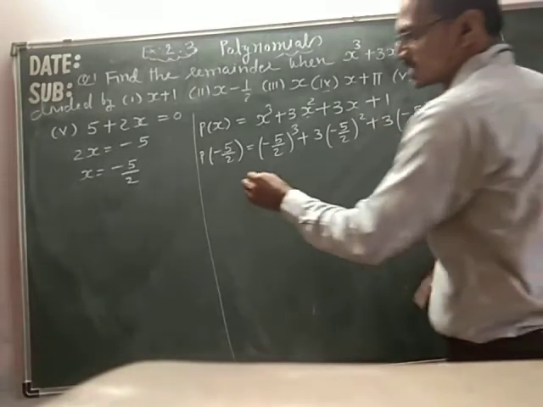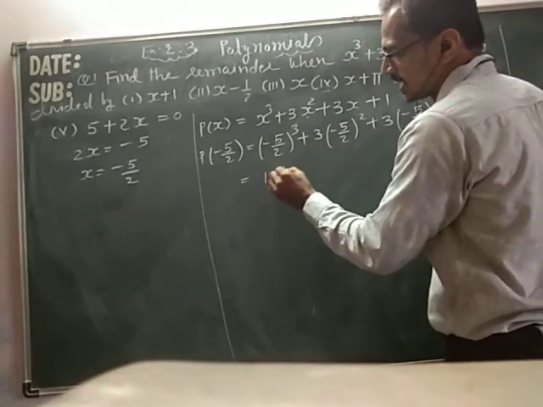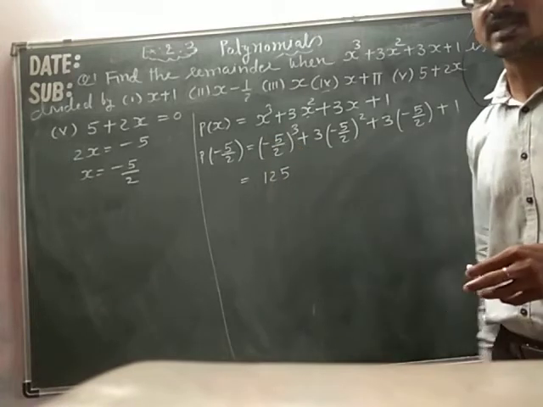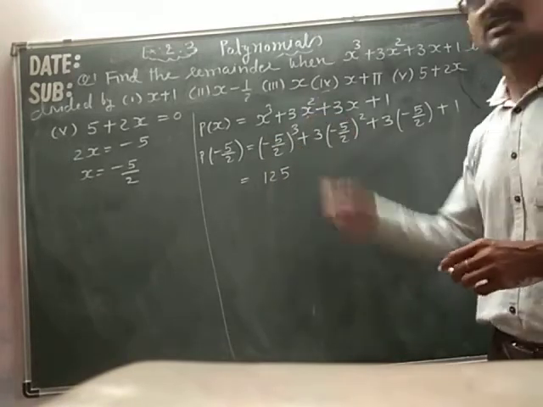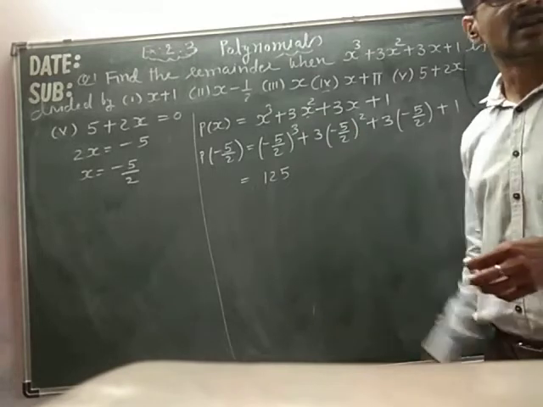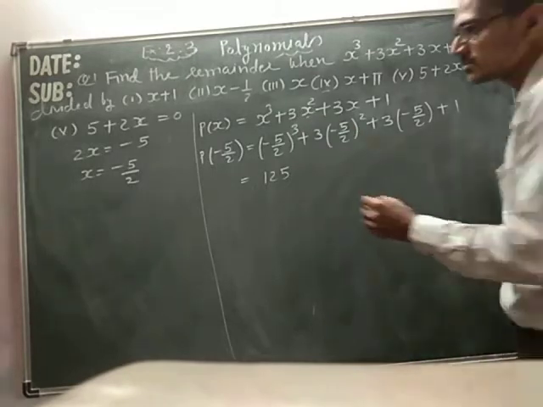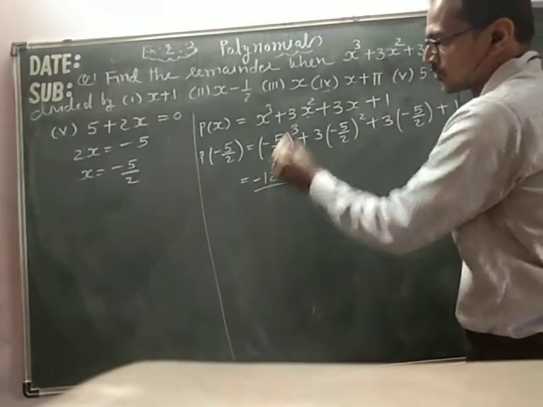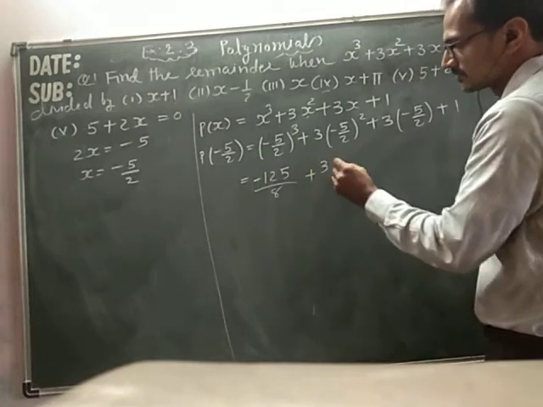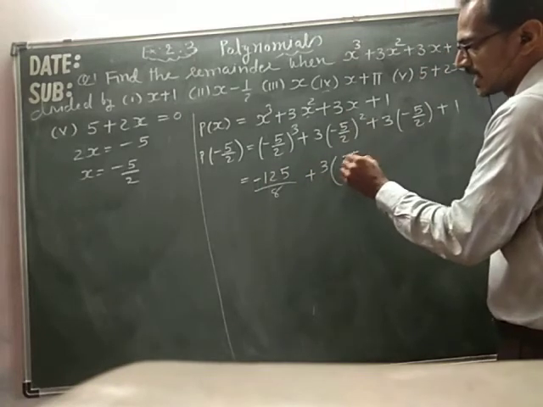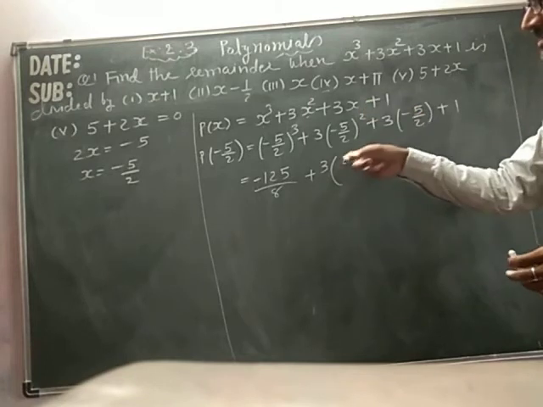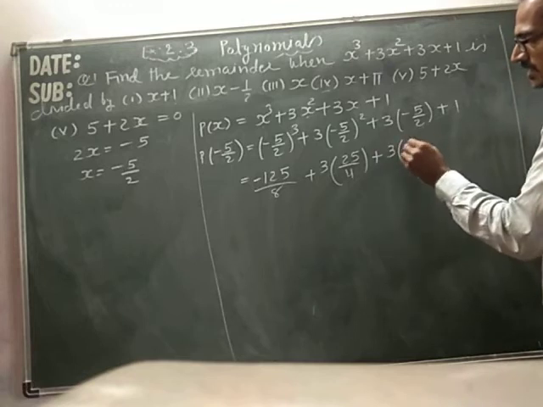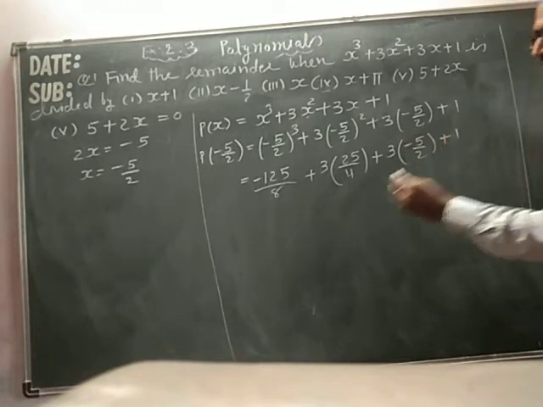Let us solve these cubes and squares. 5 cube is 125. But as I told you, whenever we have a negative base, you have to check whether the power is divisible by 2 or not. If it does not come in the table of 2, the answer will be negative. You have to do the cube of 2 also. 2 cube is 8, plus 3. 5 square is 25. But 2 is divisible by 2, so the answer will be positive. Square of 2 is 4, 3 times minus 5 by 2 plus 1.